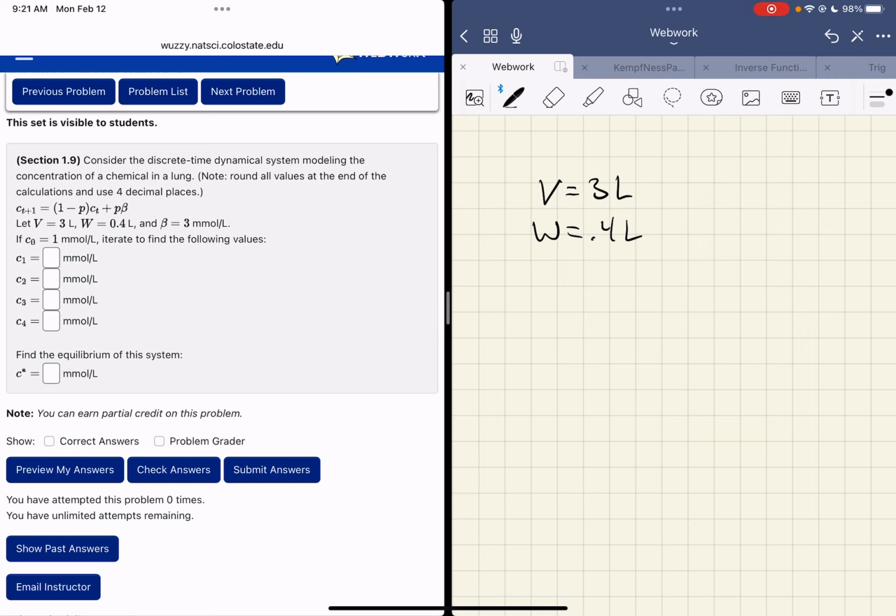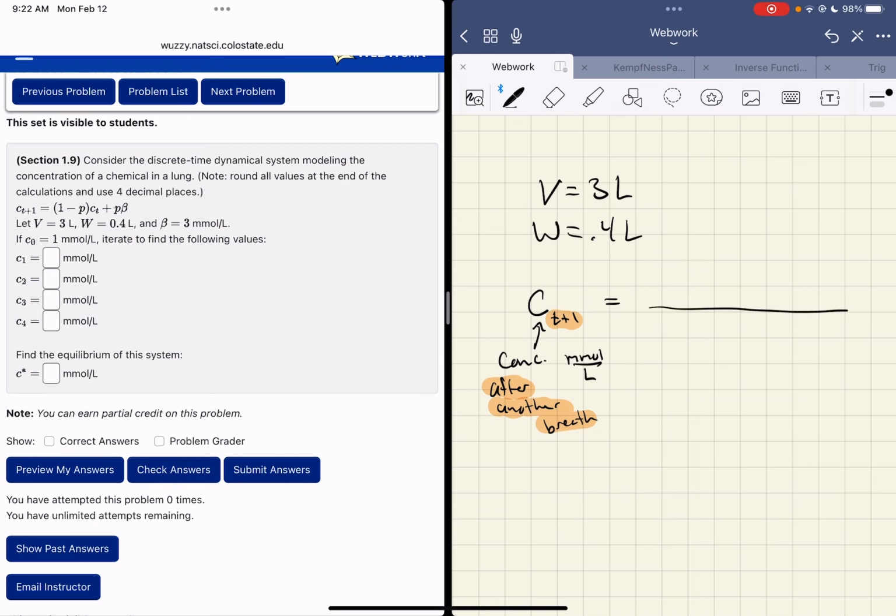If you work out all the algebra, let me just say what we've been doing is that the concentration after taking another breath, which has units millimoles per liter, happens after another breath. That's why we have the t+1.